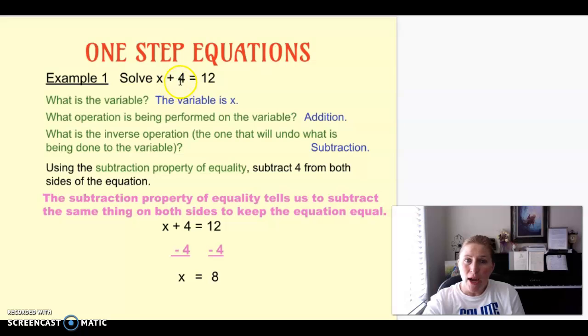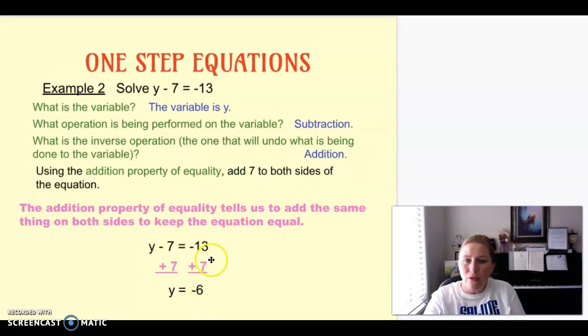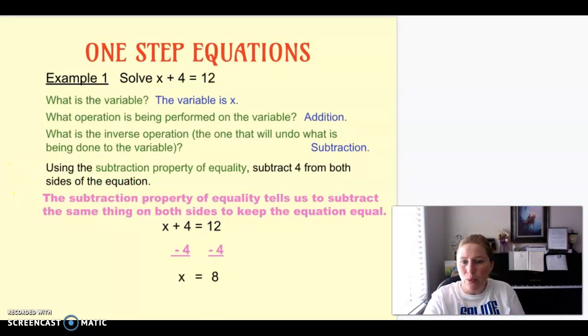So I'm going to subtract 4 from both sides. If I subtract 4 from 4, I get 0. That just undoes that. That's why I did it, I wanted that to go away. Then I subtract 4 from this side to keep our equation equal. And 12 minus 4 is 8. And that's what most of you were doing in your head.